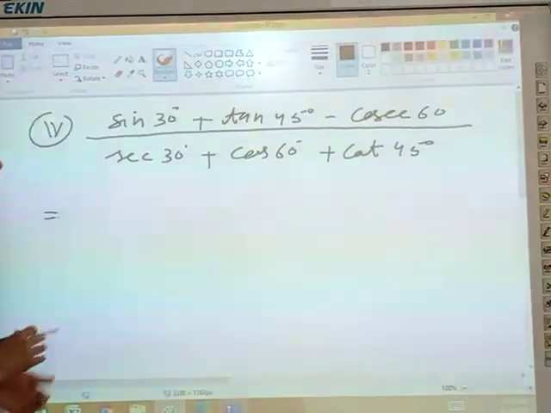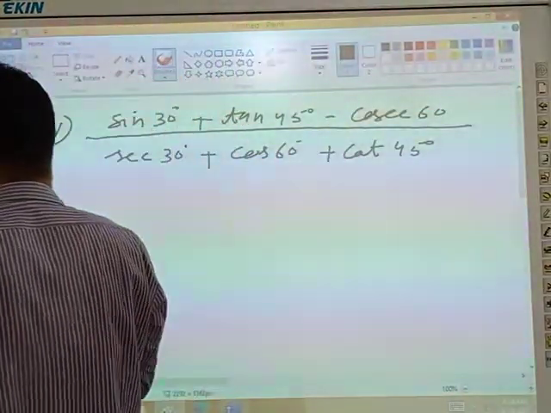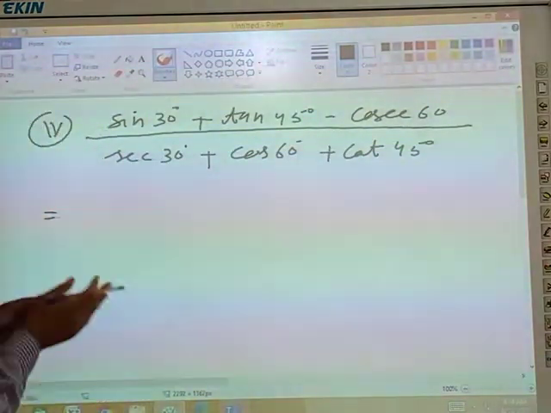Okay, now we will use the table and put the values, and after putting the values we will solve it, simplify it.